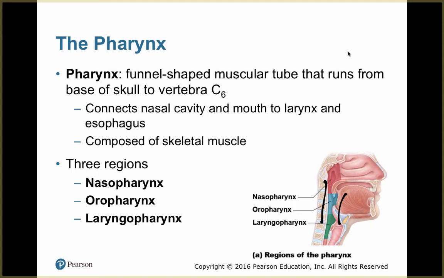This is going to help us connect the nasal cavity and mouth to the larynx or voice box and esophagus. It's composed of skeletal muscles, and there are three regions: the top part, the nasopharynx, the middle part, the oropharynx, and the laryngeal pharynx, which is closer down by the larynx.